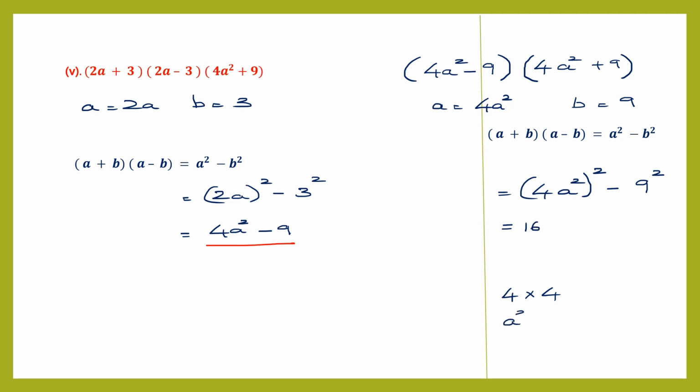Then we have a square into a square, which is a to the power of 2 plus 2, which is 4, a to the power of 4, minus 9 square is 9 into 9, which is 81. So our final answer here is 16a to the power of 4 minus 81.